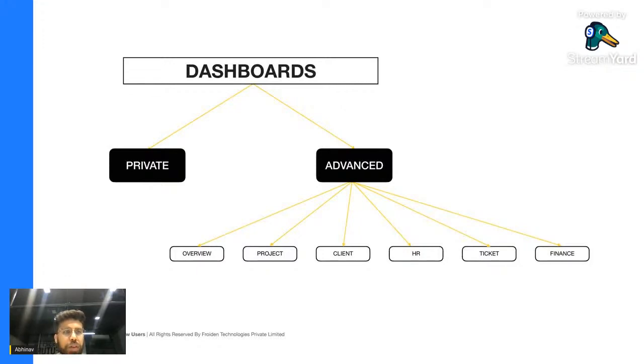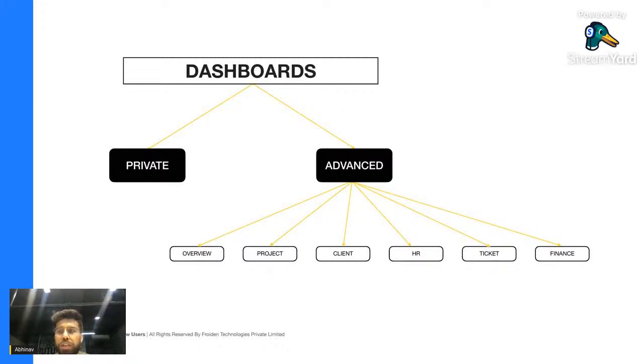And then coming to the advanced dashboard, this advanced dashboard is visible only to the admin or depending upon the permissions you have configured for that role. First one is the overview dashboard, second is the project dashboard, client dashboard, then HR dashboard, tickets, and the last one is finance.